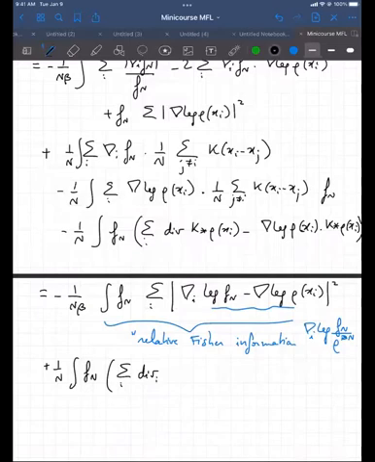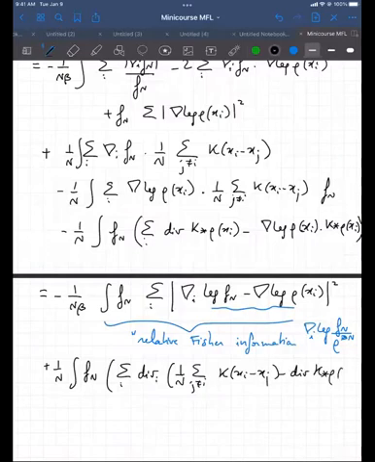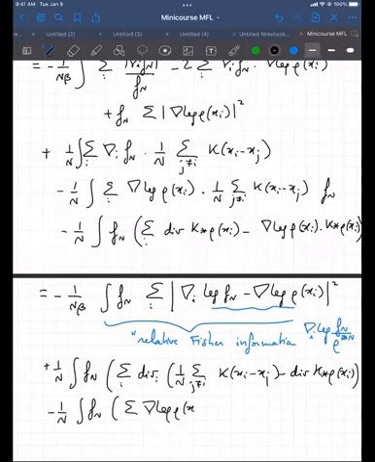sum of divergence. So here you have a bit of a choice, and I'm going to try to discuss that. We have terms like this, dotted with the same difference.